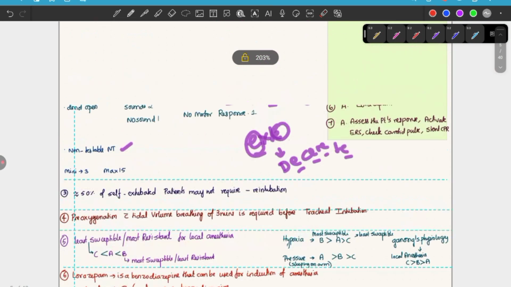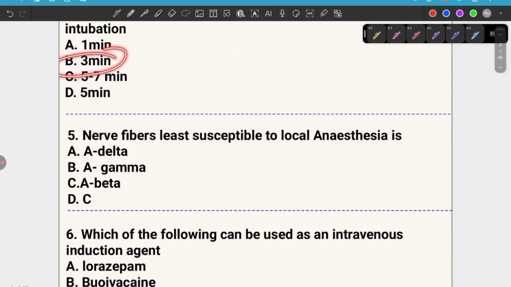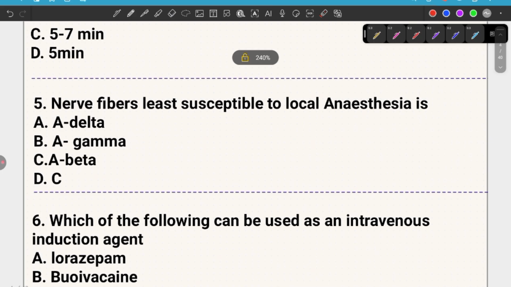Okay. Next, fifth one. The nerve fiber least susceptible to local anesthesia. This is a controversial question. If this question comes in the exam, you should think about which one to choose. According to anesthesia, most of the textbooks say C is the least susceptible.